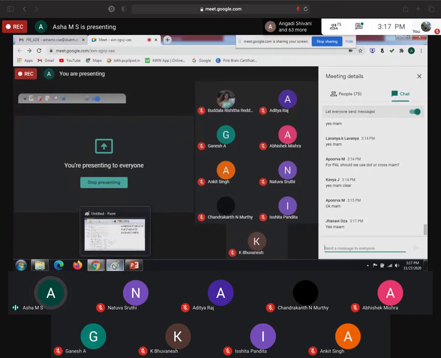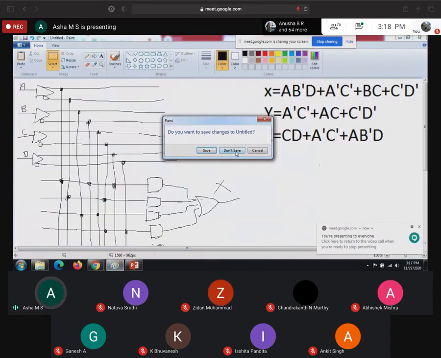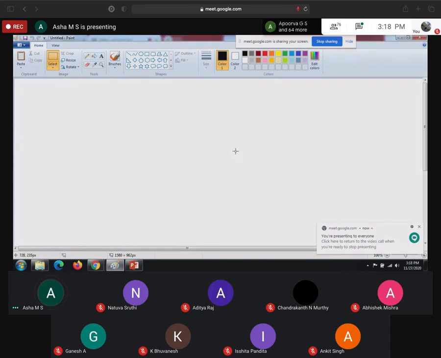Take the next question. Implement a full adder using PLA. PAL we did in the last class. Now PLA. Implement a full adder using PLA.